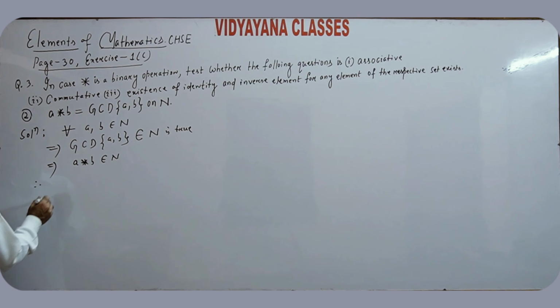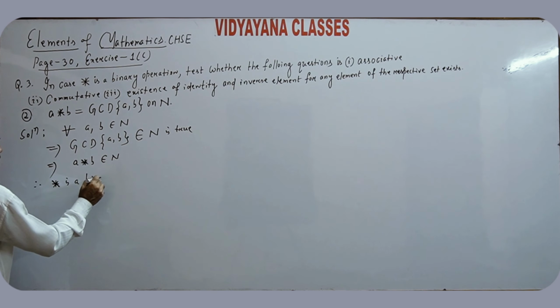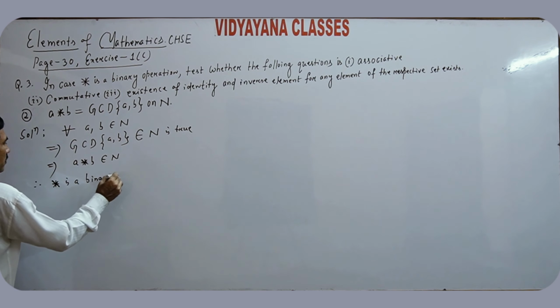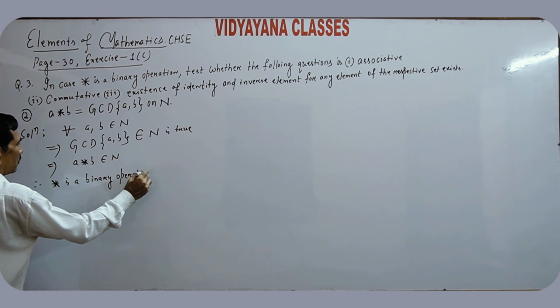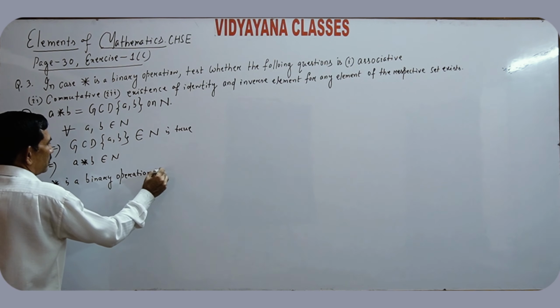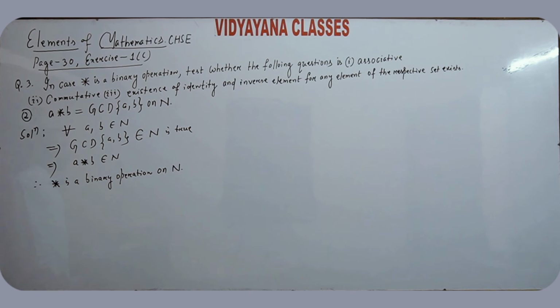Therefore, star is a binary operation on N. Clear?